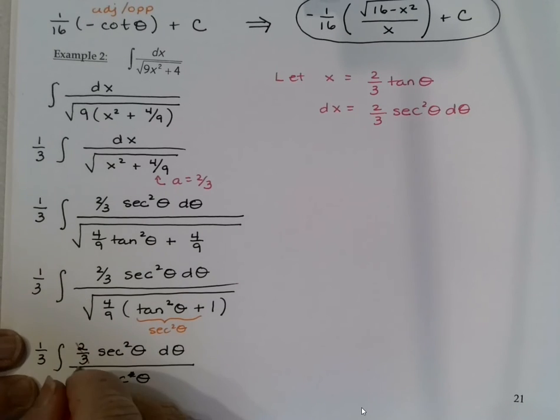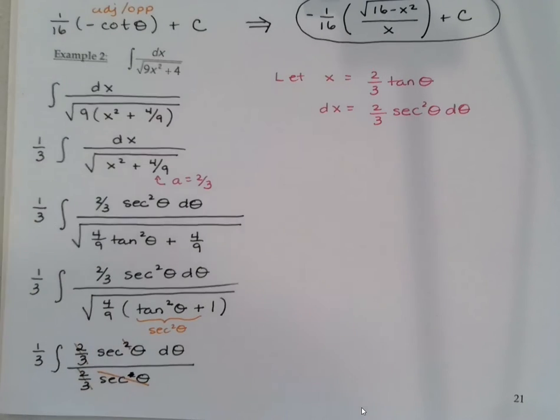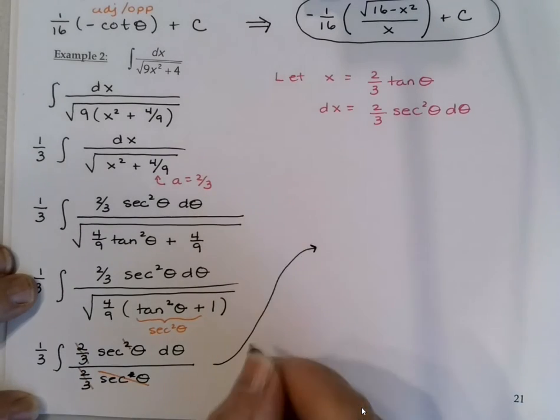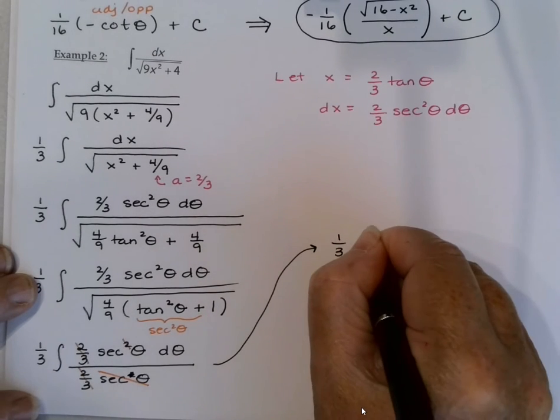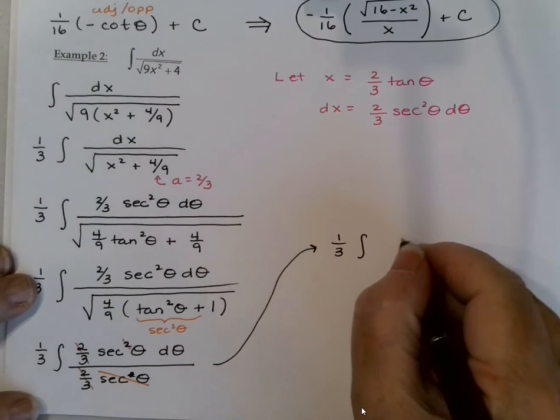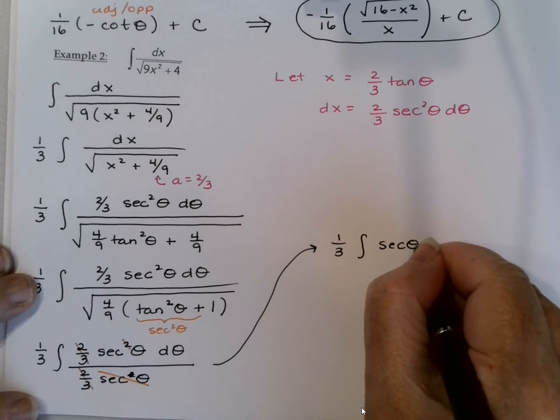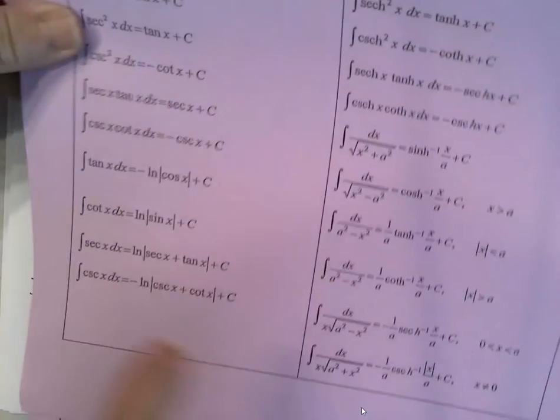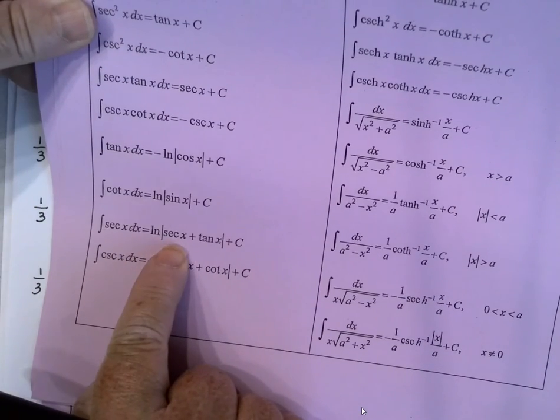I can divide out those 2/3 and one of the secant thetas, and I just end up with 1/3 integral of secant theta d theta. That one is on my sheet. It's the natural log of, in our case, secant theta plus tangent theta.